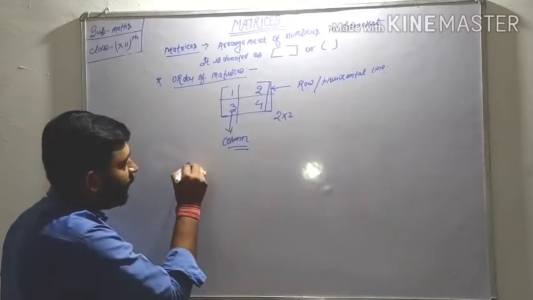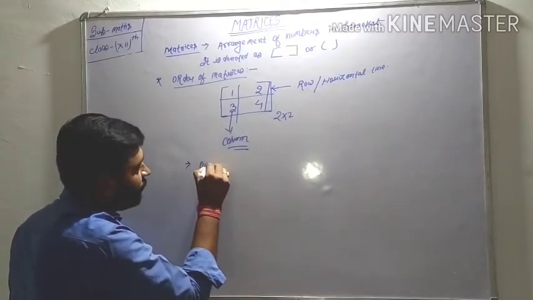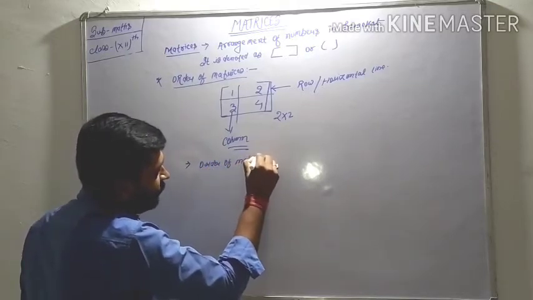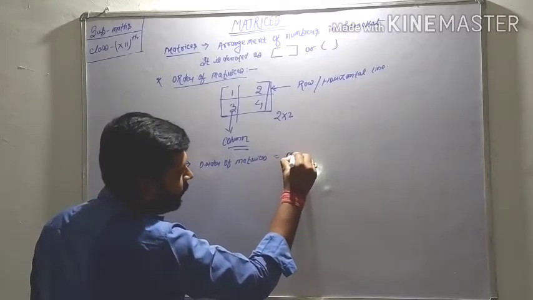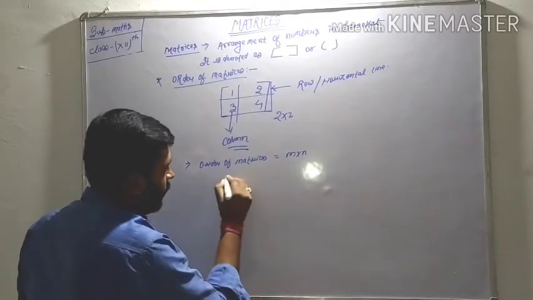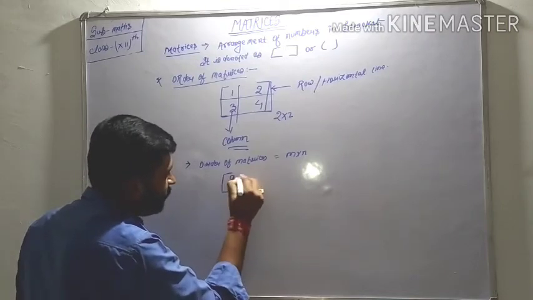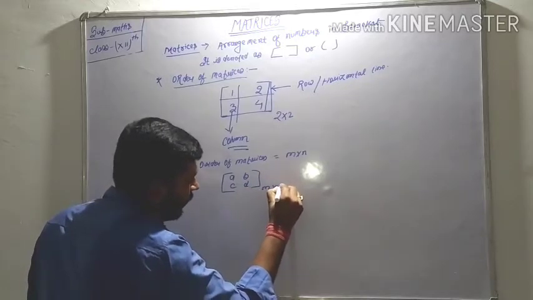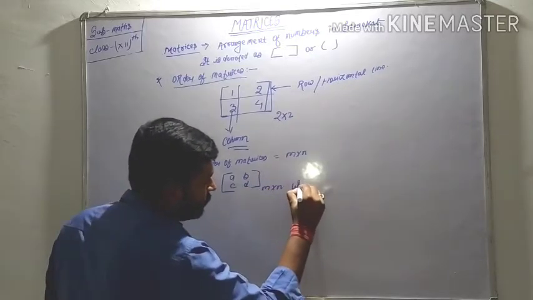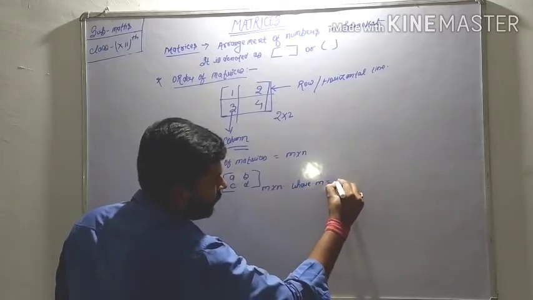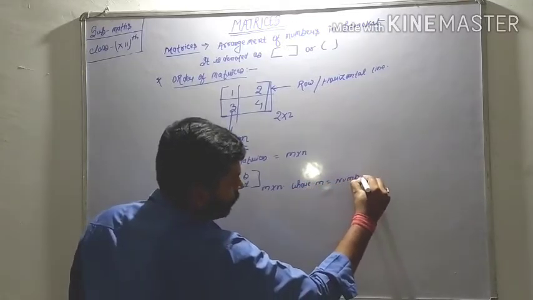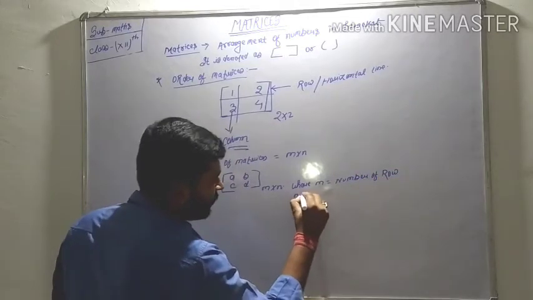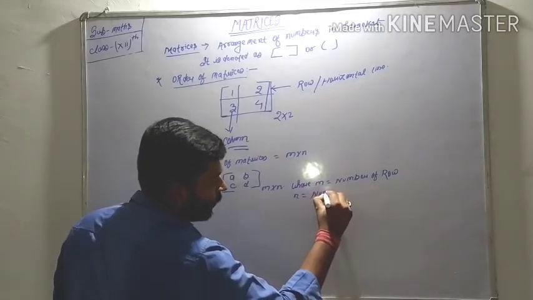That means the order of a matrix is in the form of A by B. It is indicated, suppose a matrix A, B, C and D, as M into N, where M is equal to the number of rows, and N is equal to the number of columns.